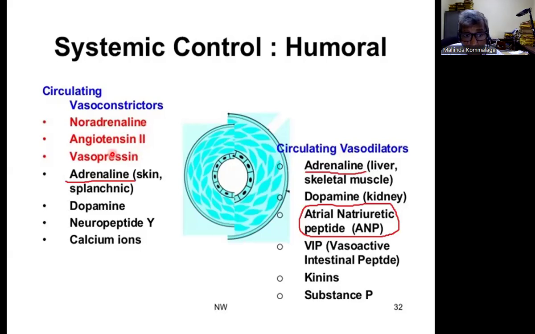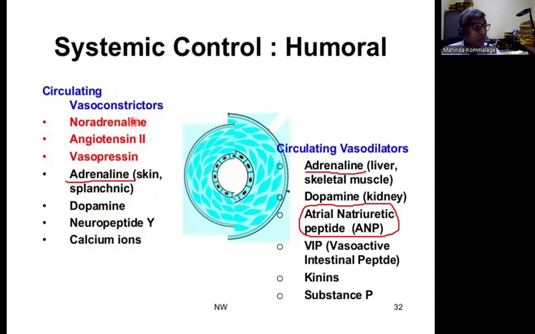Then angiotensin 2, vasopressin, ADH, which you will probably learn at an advanced level, and adrenaline secreted from the adrenal gland, acting on skin and some other places. Then dopamine is also secreted from the adrenal gland.